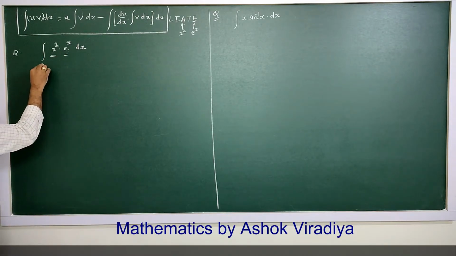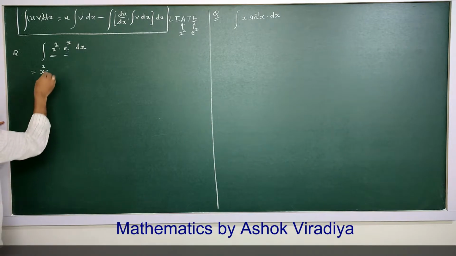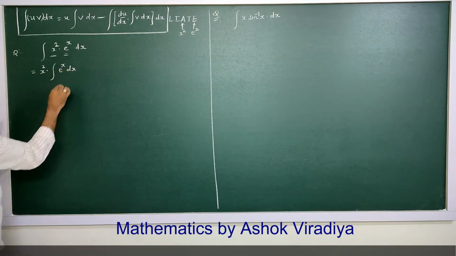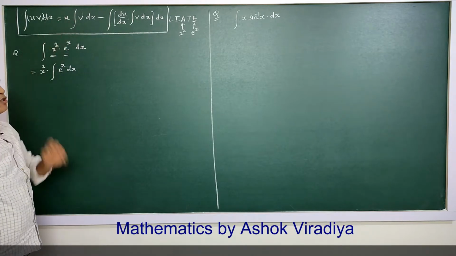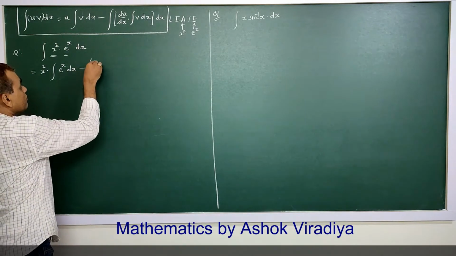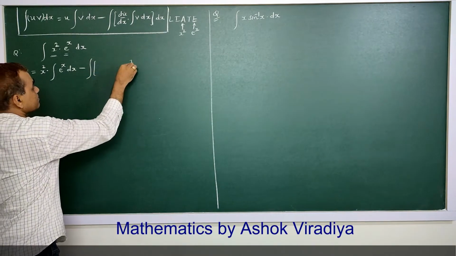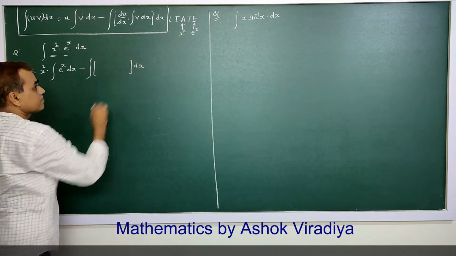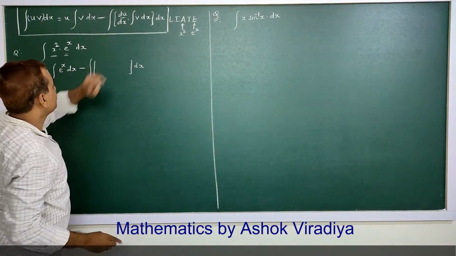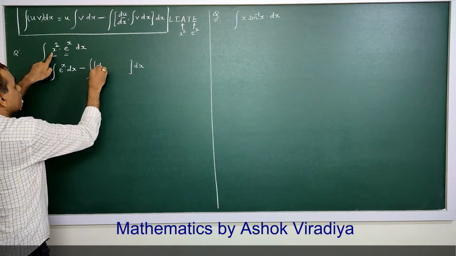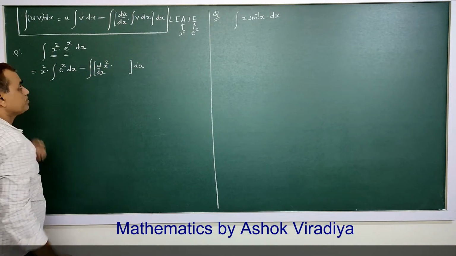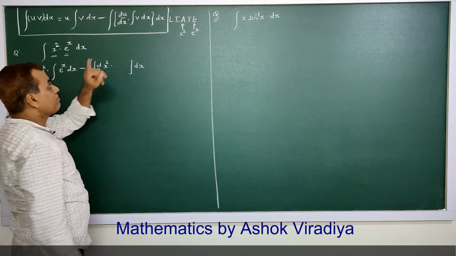So this is u, this is v. U as it is, integral of v, minus integral of box. In the box, derivative of u, so derivative of x square, into integral of v.